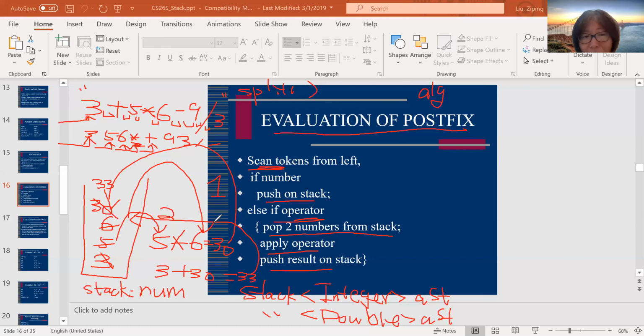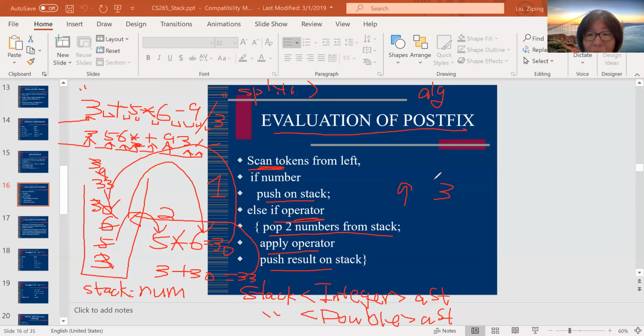And then I continue my scan. So a number, and we know if it's a number, you push it to the stack. And then the next one is an operator. So you need to pop two numbers out. So I pop 3 out, and I pop 9 out.